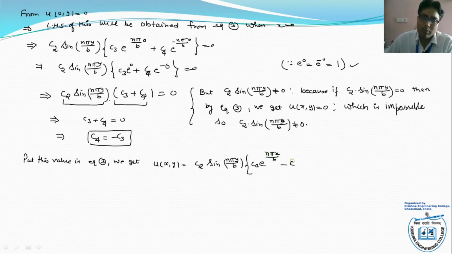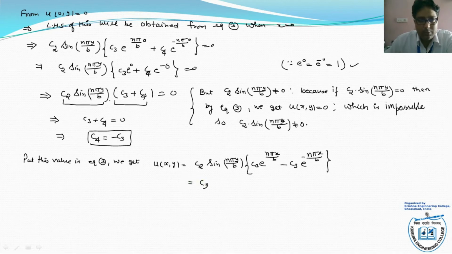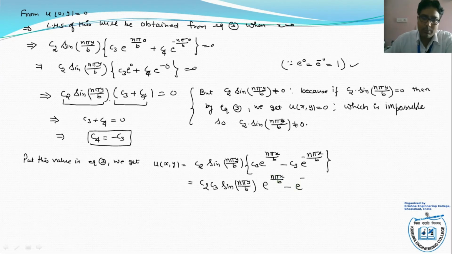The value of C4 is minus C3, so minus C3 e to the power minus n pi x by b. Clear? Take C3 common from this, so this becomes C2 C3 sine n pi y by b. Clear? And this term becomes e to the power n pi x by b minus e to the power minus n pi x by b. Clear?